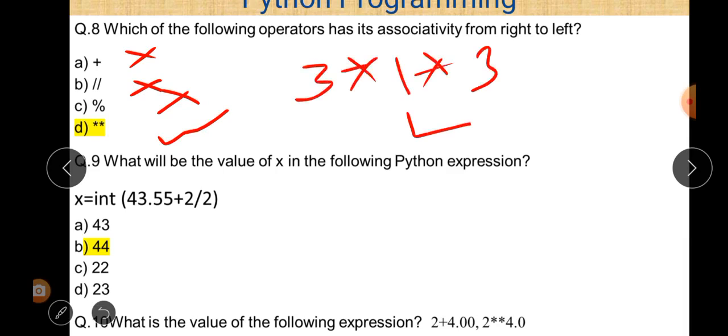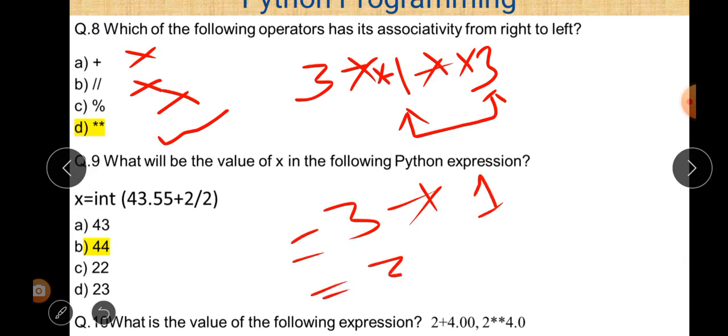In the previous question we already solved it like that. First, 1 double star 3 is evaluated, and after that whatever expression we get is evaluated like that. The most important thing is that double star, the exponent operator, has associativity from right to left.